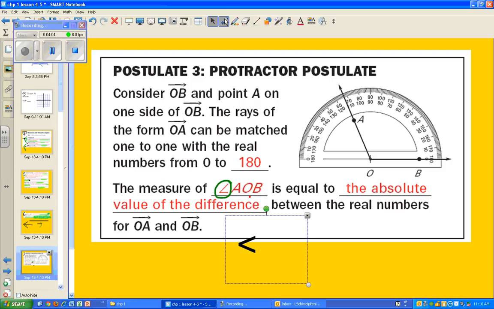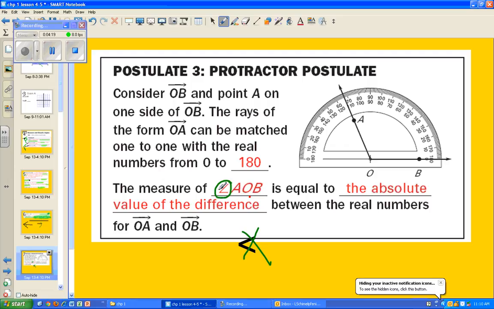So this is the lazy way, and that's incorrect. An angle symbol actually has a flat bottom, where a less than symbol does not. So when you're writing it out, make sure you use a flat bottom. Once in a while, when I am typing, I will cheat a little bit because it takes a little while to always go find the symbol for angle, and I'll use the less than symbol.